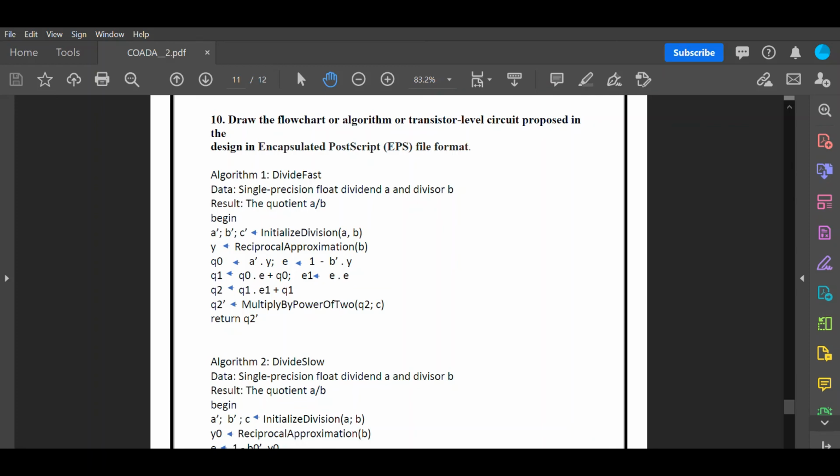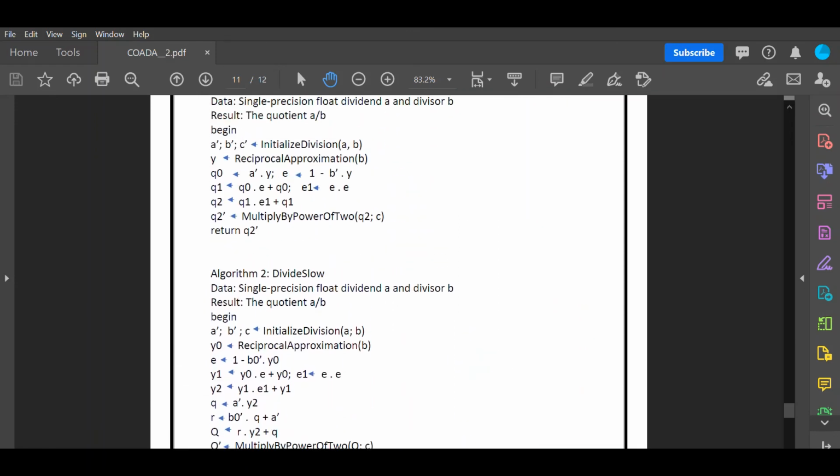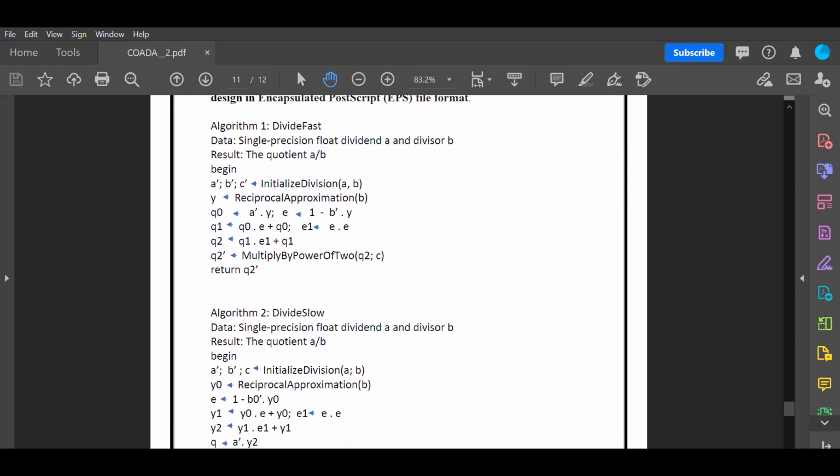So I have given the algorithm for the divide fast, divide slow, and square root from the proposed architecture. The algorithm for the divide fast is: first the data is given as a single precision float dividend A and divisor B. So the result will be the quotient of A by B. We begin by initializing A, B to A bar, B bar, and C bar.